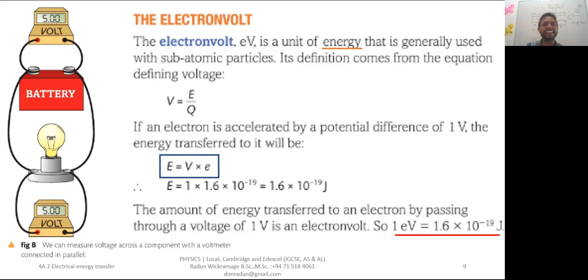You might think of that like that, but it is a unit of energy, right? So you can use electron volts instead of joules sometimes. What kind of situations? When you are dealing with subatomic particles, you can use electron volts.